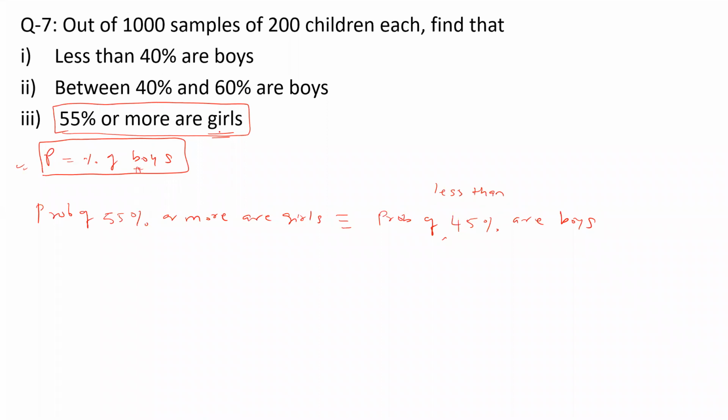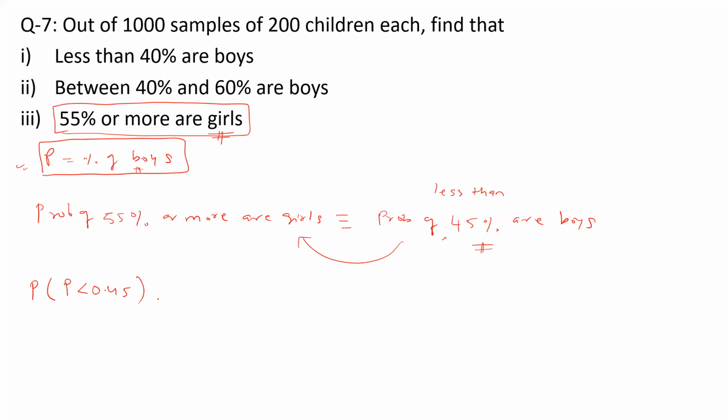So even though they are asking about the number of girls, which is 55% or more, 55% or more is equivalent to less than 45%. So we will find this portion. This portion will automatically give me the answer of 55% or more are girls. So I will find that your proportion of boys less than 0.45.